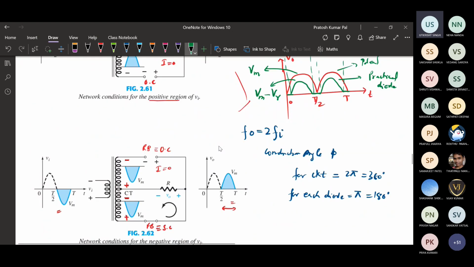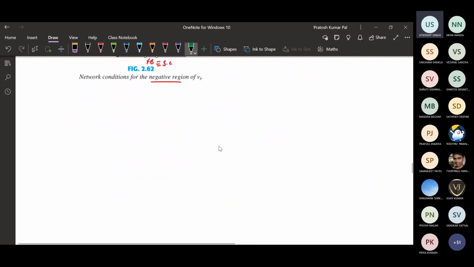So this is the case of the full wave rectifier using the center tap concept. Also, we can find out the DC value. Here the VDC is 2 times Vm by pi, and the VRMS value will be Vm by root 2.